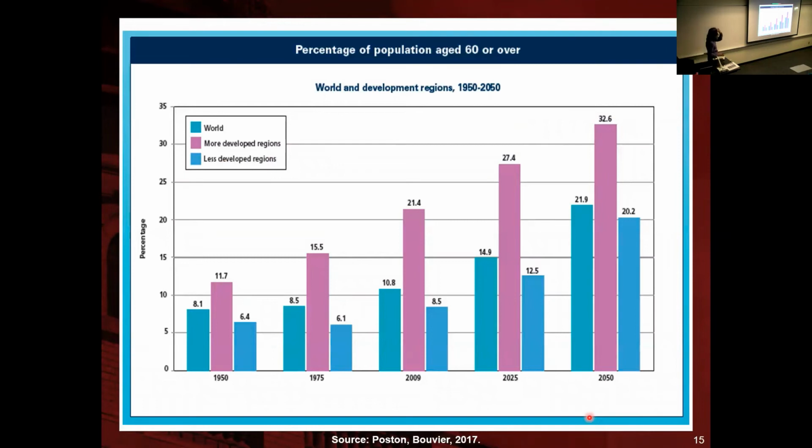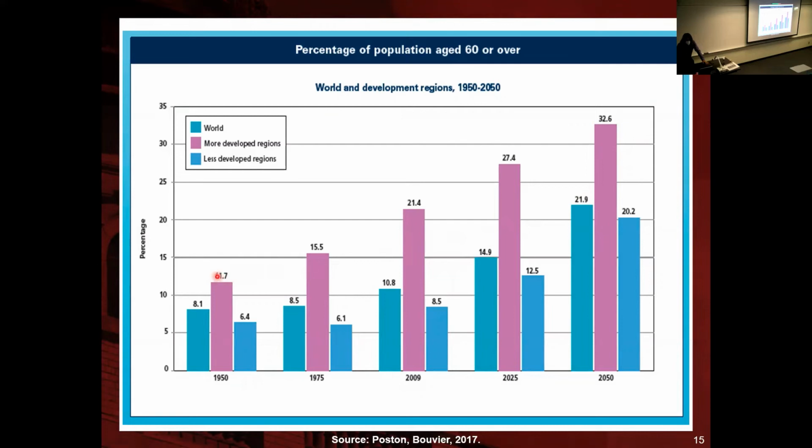Another way to show population aging, in this graph, is the percentage of the population with at least 60 years of age. The first bars are for the world, increasing from 1950 until the projections to 2050.